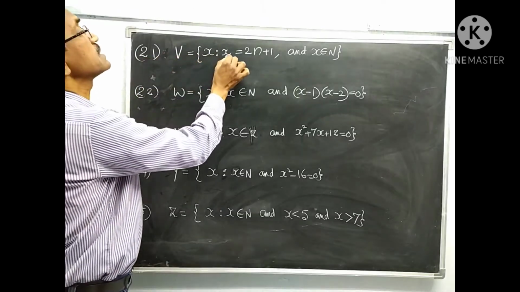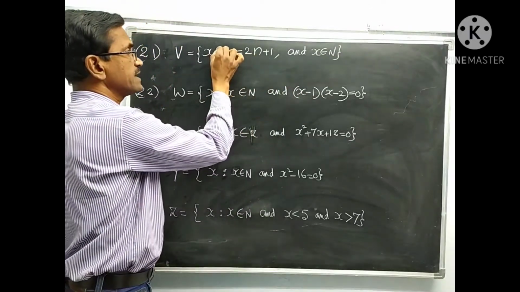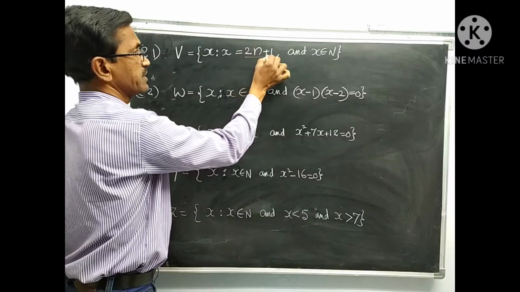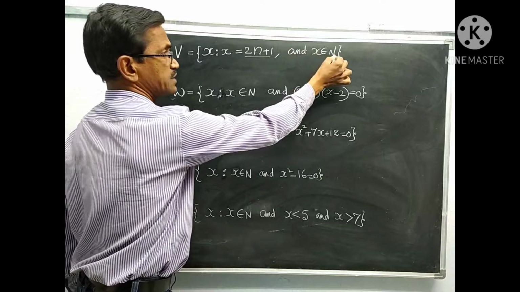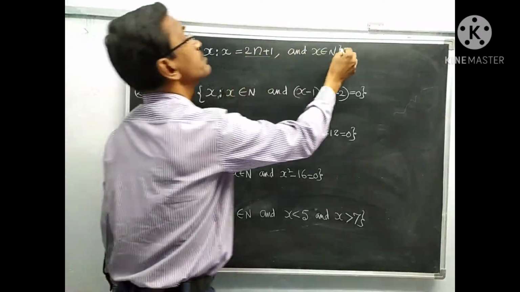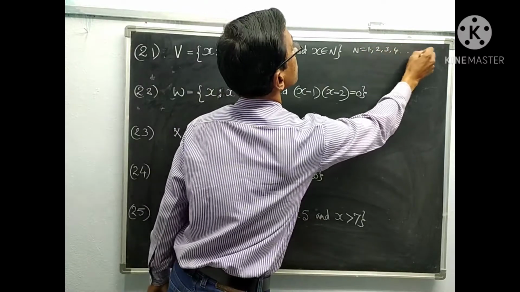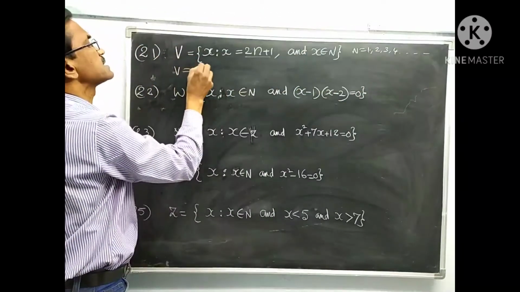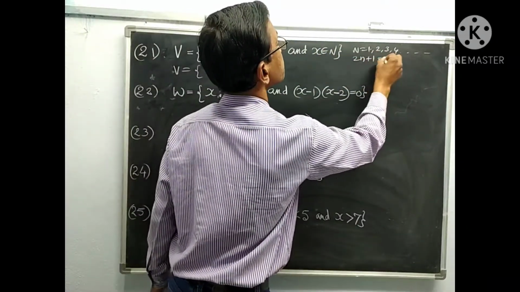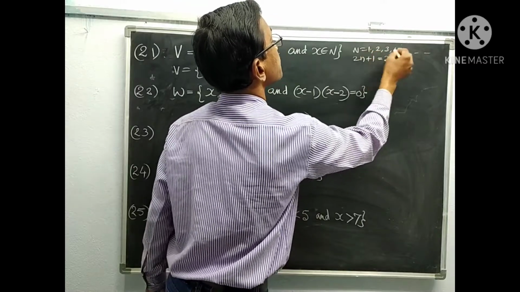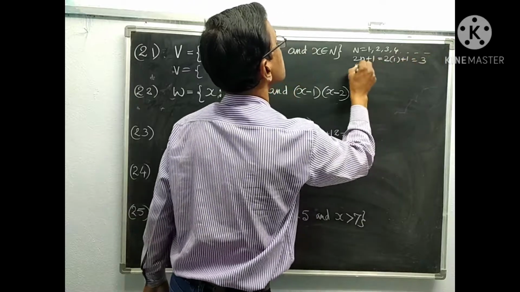V is equal to x such that x is equal to 2n plus 1 and n belongs to N. Here every element of this set has this property, 2n plus 1, and this n takes values from the natural numbers. So we know natural numbers, n is equal to 1, 2, 3, 4, 5 like that. So substitute in the place of n in 2n plus 1: write 1 in the place of n, 2 into 1 plus 1, 2 1s are 2, 2 plus 1 is 3.